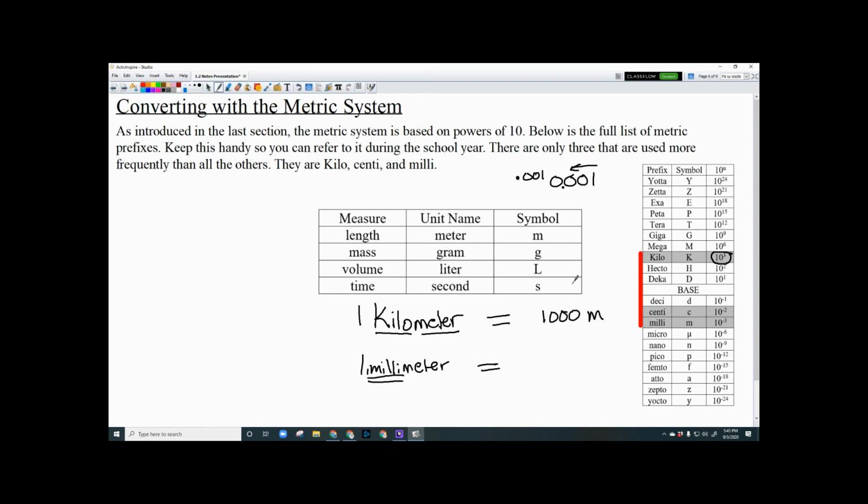So it's going to be 0.001 of the meter. So 1 millimeter is 0.001 meters. And we can use this conversion factor in any dimensional analysis problem that we have. So we can solve all of these problems. We can say, exactly how many micrometers are in a zettameter. We can figure that out now because we have these equivalents.